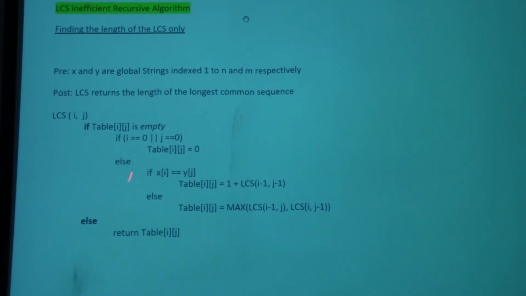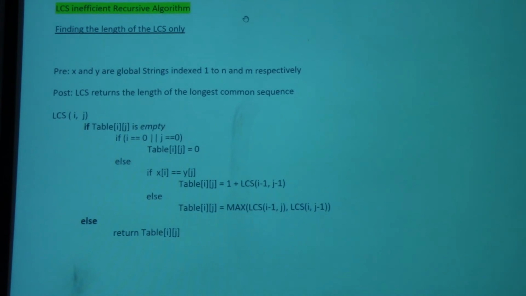So ij is an entry, okay? We're going to put values inside those table ij's so that table sub n sub m, the biggest index on both m and n, will contain the length of the LCS.